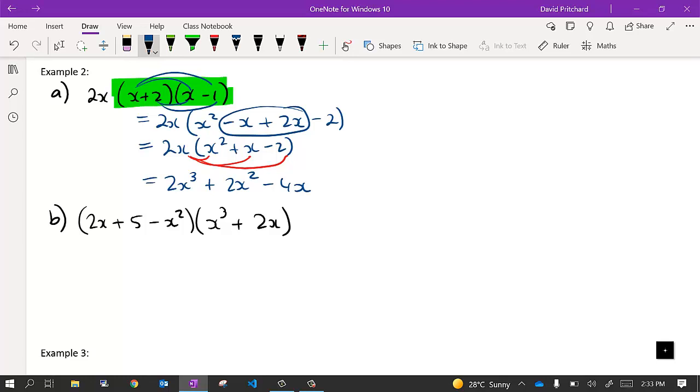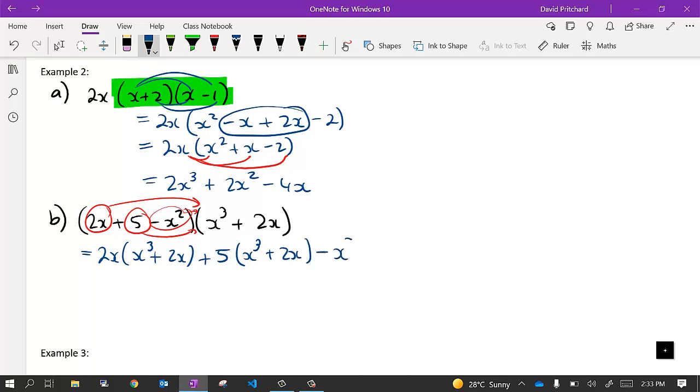With our second one, we're going to use distributive law, and we're going to say that this 2x goes to the whole second bracket, as does the 5, and the negative x squared also is multiplied by that whole second bracket. So we get 2x multiplied by x cubed plus 2x plus 5 multiplied by x cubed plus 2x, and subtract x squared multiplied by x cubed plus 2x.